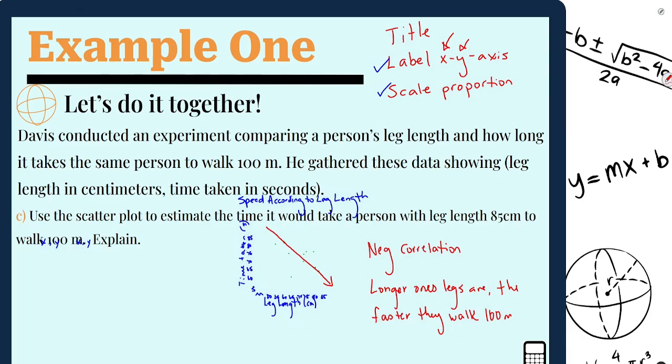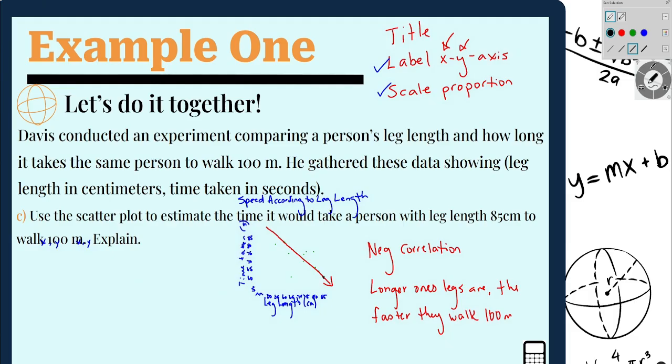So then it asks us to use the scatter plot to estimate the time it would take a person with leg length of 85 centimeters. I'm going to get a different color here. We're going to look at it based on our line here.